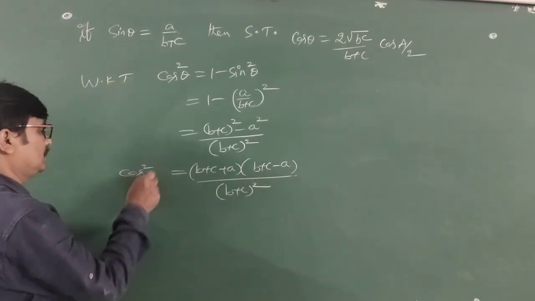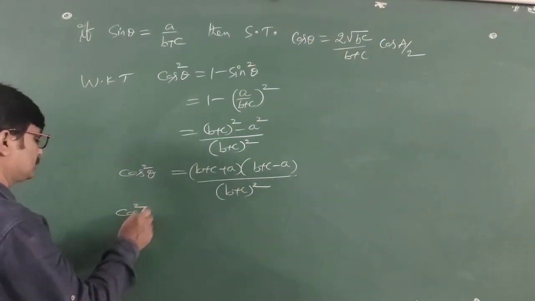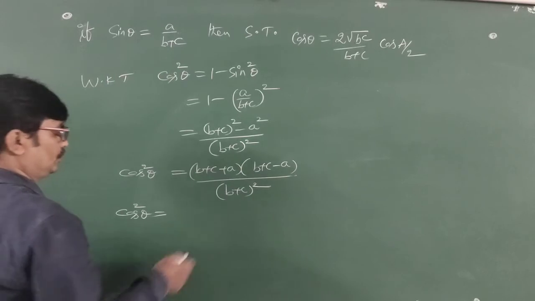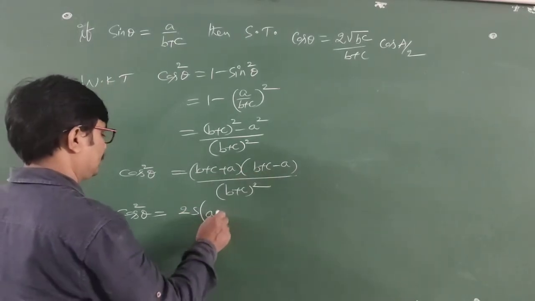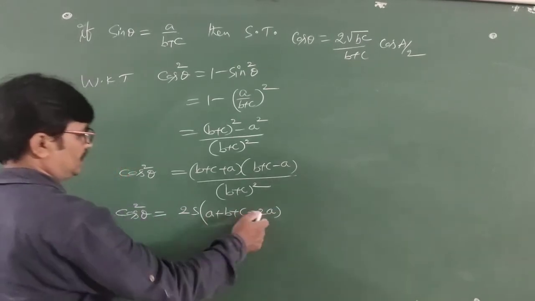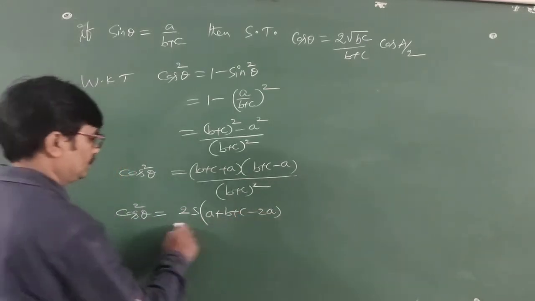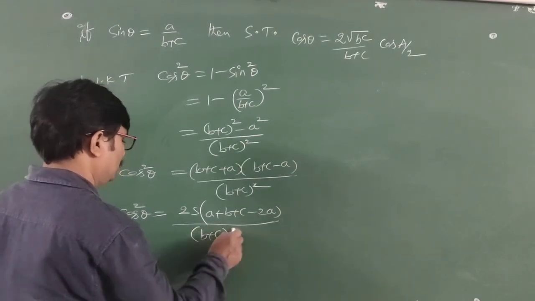This is the cos square theta. Now students, cos square theta equal to a plus b plus c is the 2s. Now we are taking a plus b plus c minus 2a, that is minus a, upon b plus c whole square.